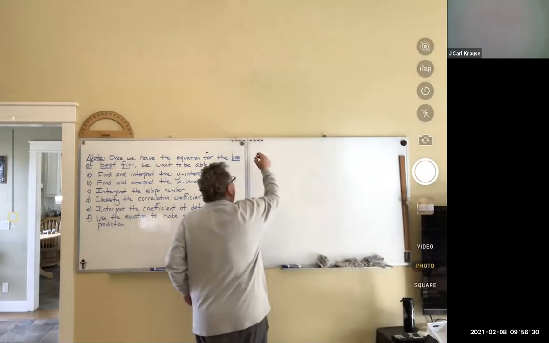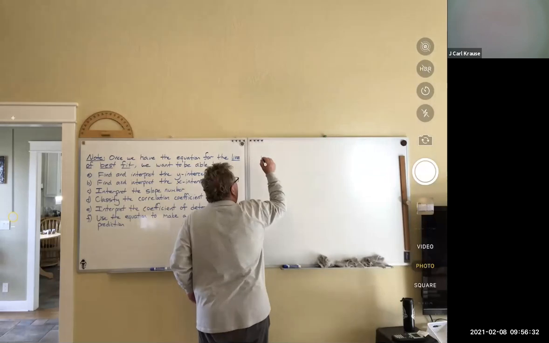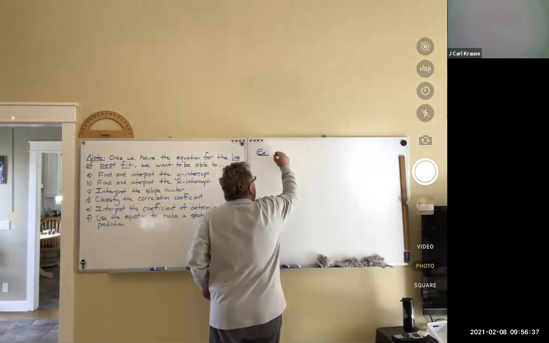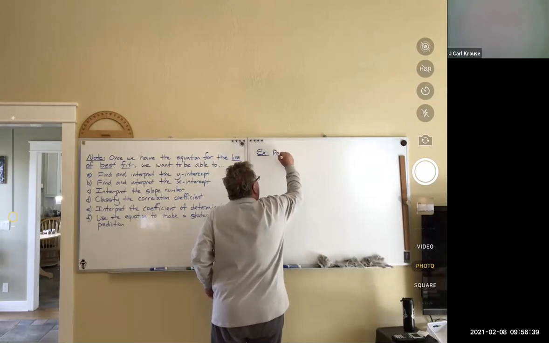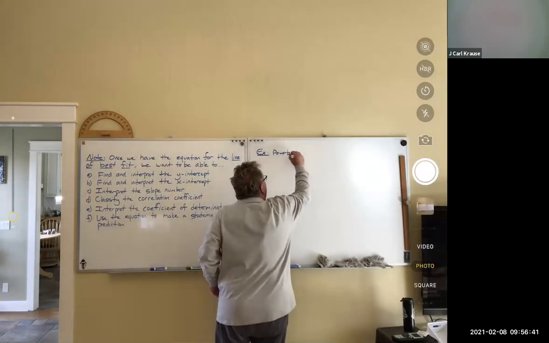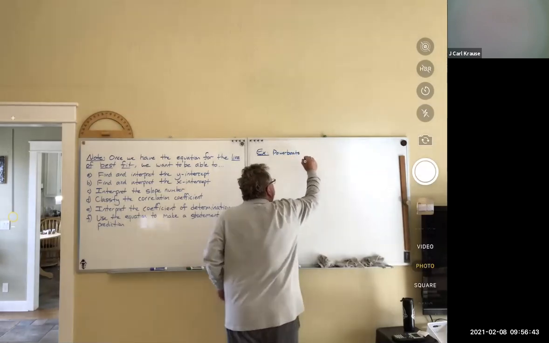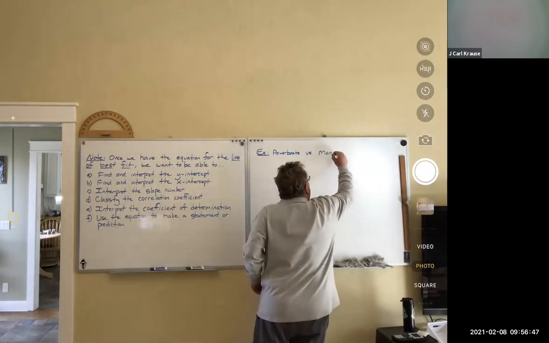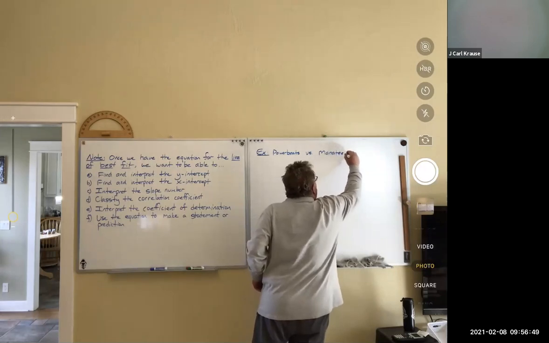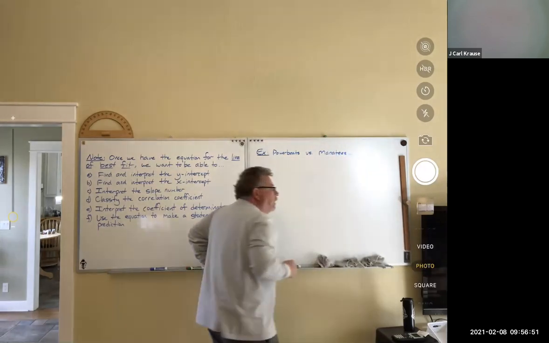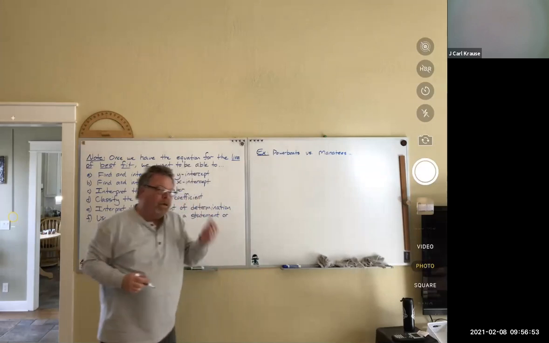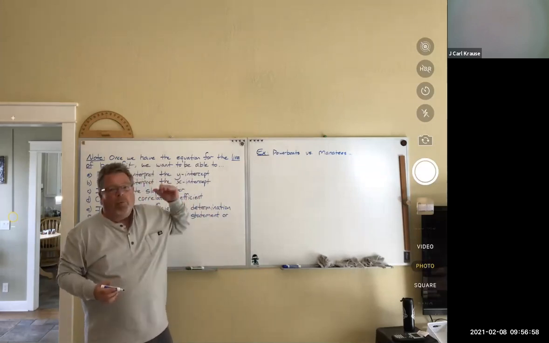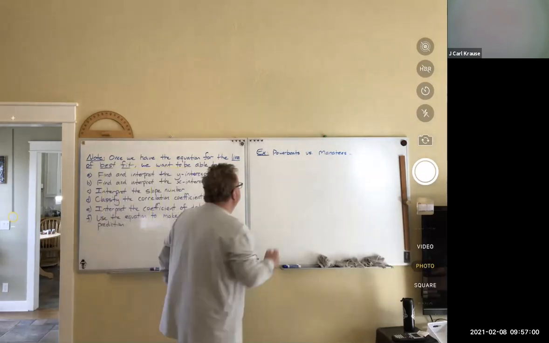Okay, so our example that we're working through right now is the powerboats versus manatees. And again, I cannot emphasize enough how important it is to be clear about what the two variables represent.